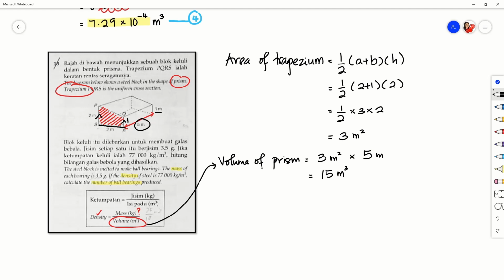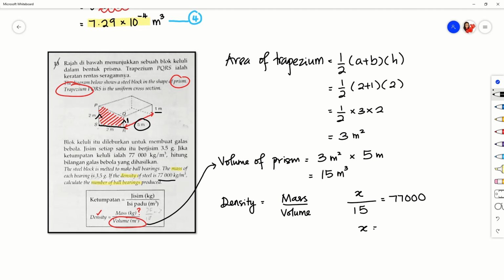So density equals mass over volume. So what is the mass? That's what I need to find out. I don't know what the mass is. But I do know that my volume is now 15 and the density is 77,000.